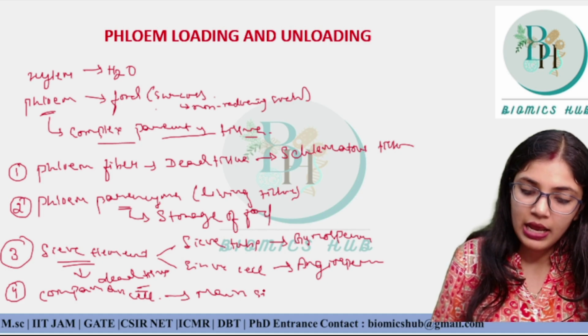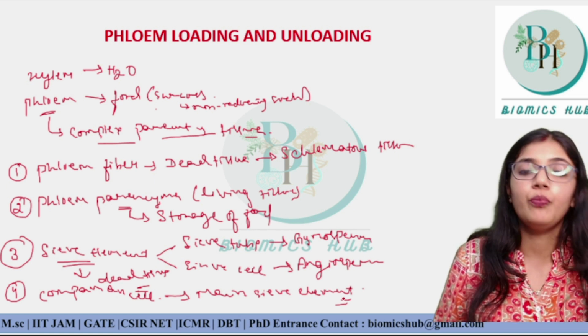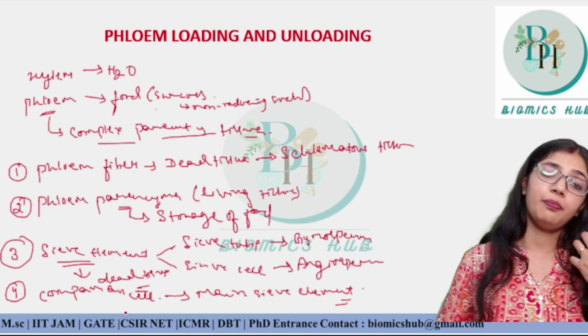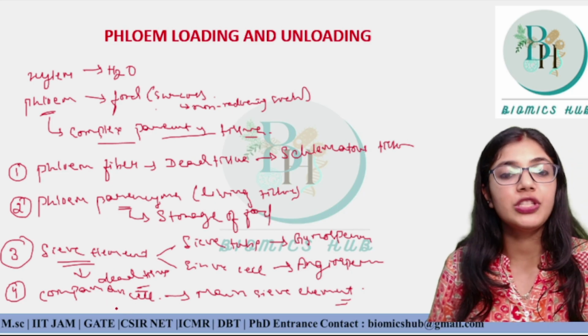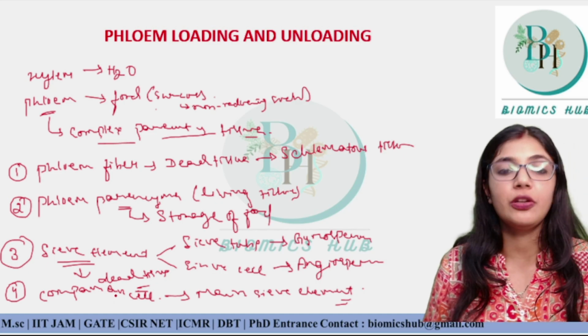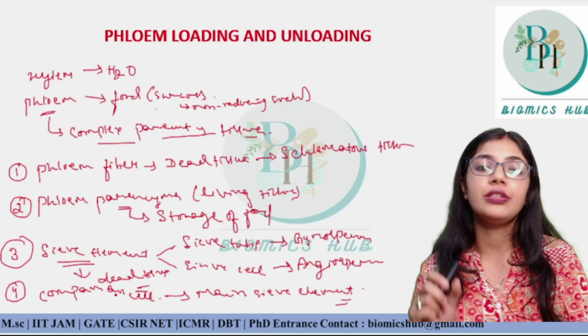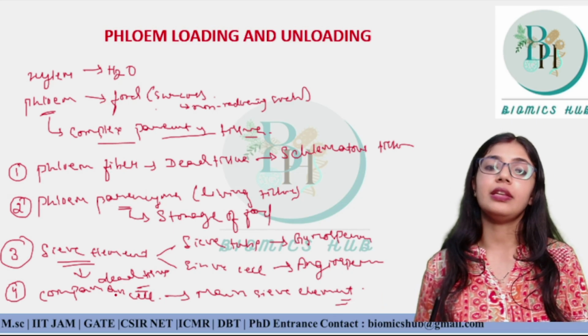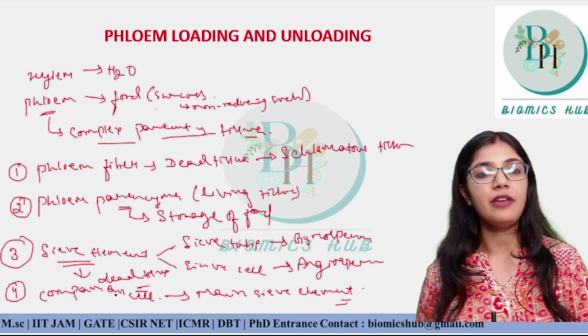It maintains the sieve element. How? It provides nourishment to the sieve element, because the phloem is being transferred through it, so it requires maintenance. That is the reason the companion cell is responsible for protecting the sieve element.